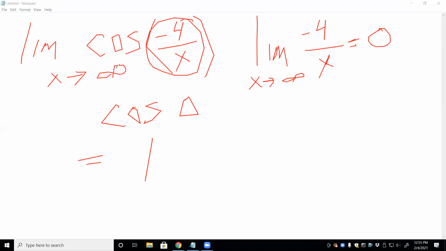You're going to substitute infinity for x, and then figure out what happens to the argument when you substitute infinity for x. And the argument goes to 0. So you're really looking at the cosine of 0, and the cosine of 0 is 1. If this was sine, then the sine of 0 is 0. Okay, so some of these can be done by straight substitution.